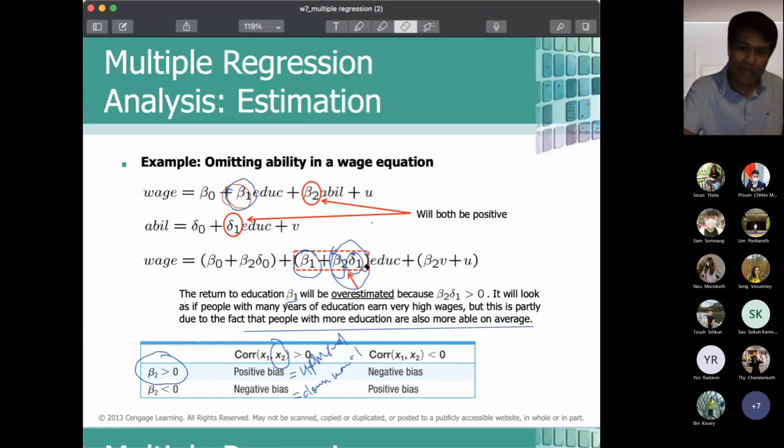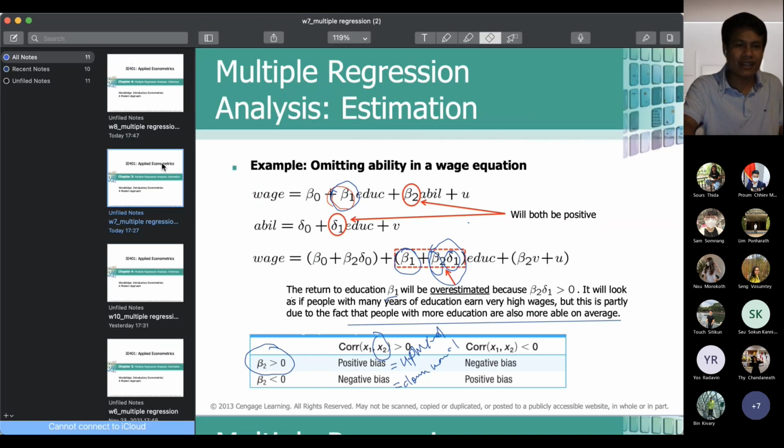All right. So the effect of education on wage now is not only from education, but partly from ability. So the coefficient might be larger than the true parameter, right?